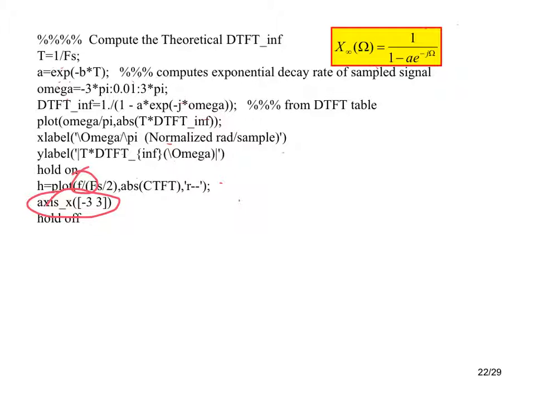Remember, I went from minus 200K out to 200K. So that thing extends very far. And so I'm just kind of zooming in to the minus 3 to 3 to correspond to the minus 3 pi to 3 pi. If I think of it, I'll post the axis X on Blackboard. If I forget, just email me and I'll send it to you. It's not a hard command to trump up yourself.